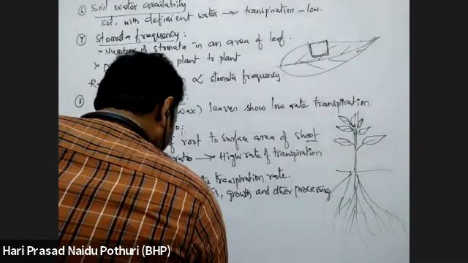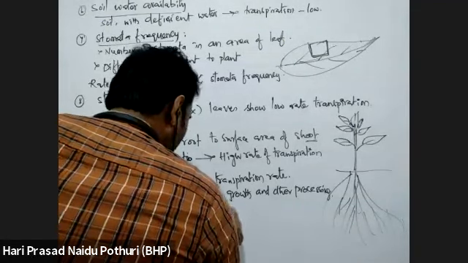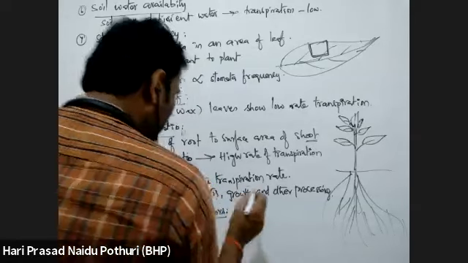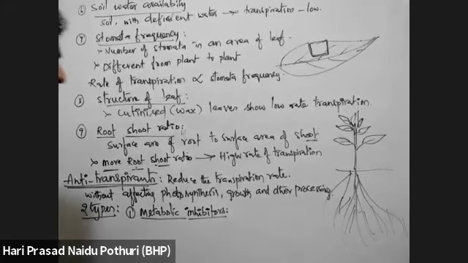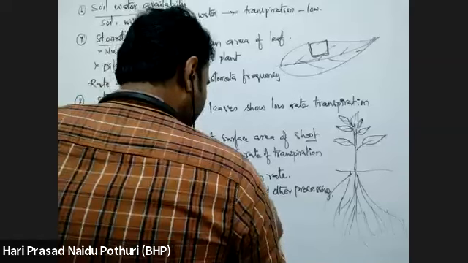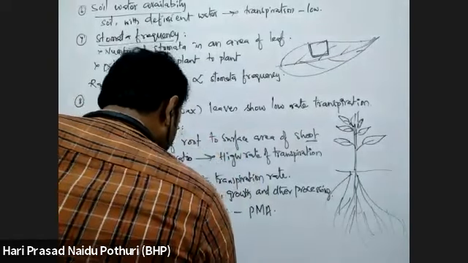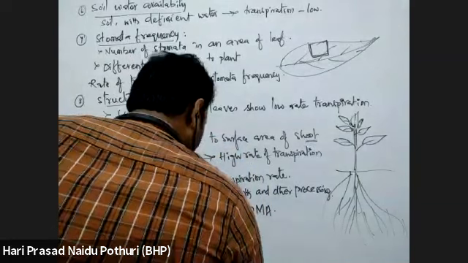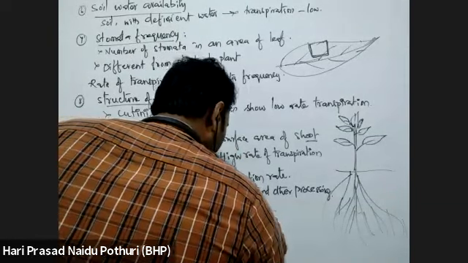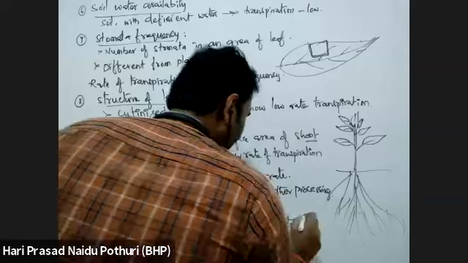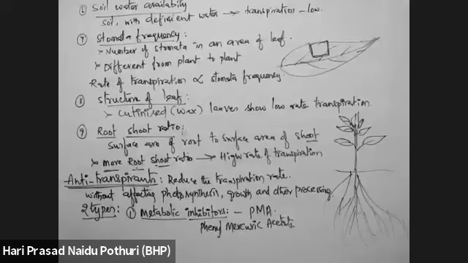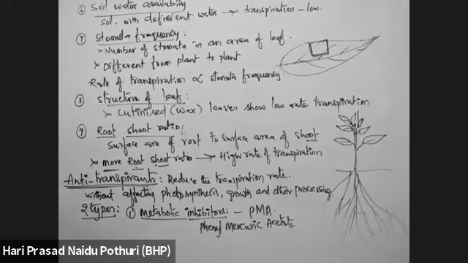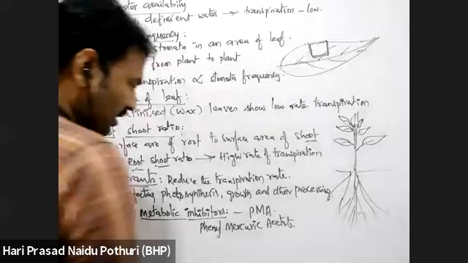The best example is PMA, which stands for phenyl mercuric acetate. Phenyl mercuric acetate is one of the best metabolic inhibitors.